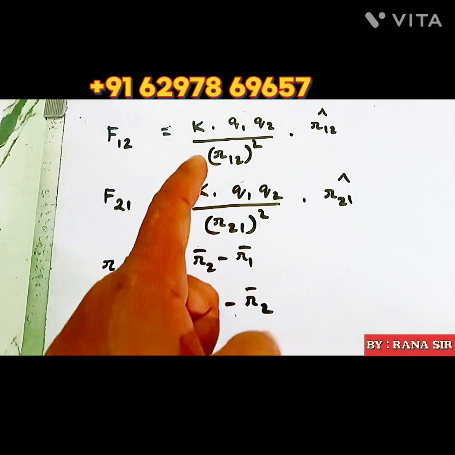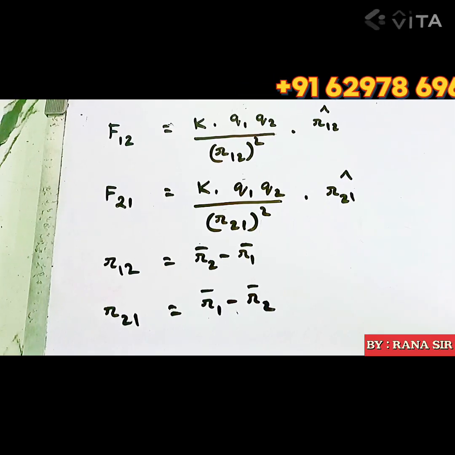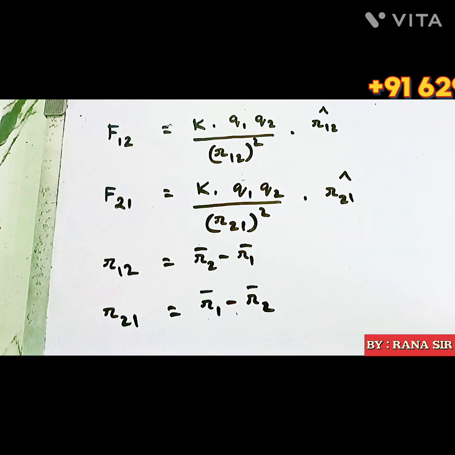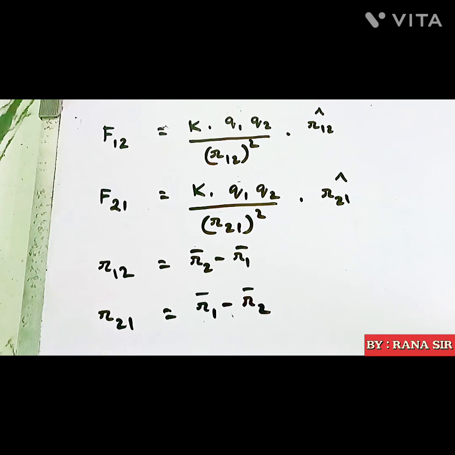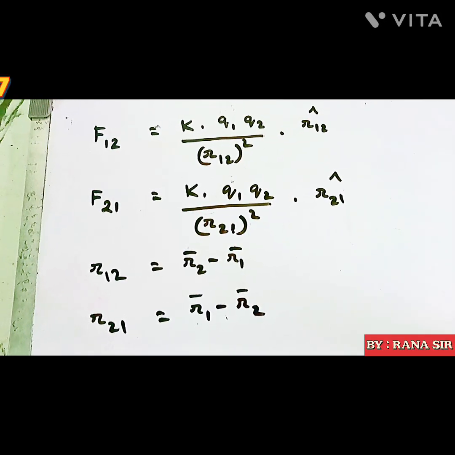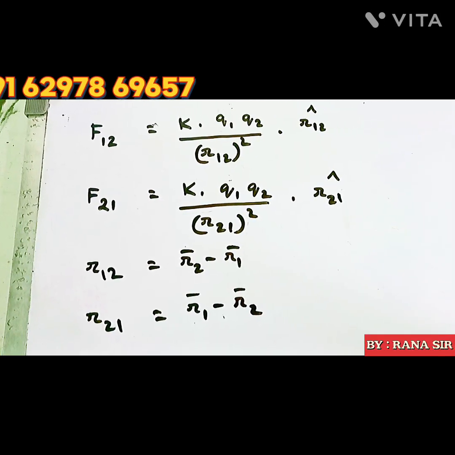These are the magnitude and direction. Then the r12 vector equals r2 minus r1, and the r21 vector is r1 minus r2. So this brings an end to part 2 of Electric Charges, chapter 1.